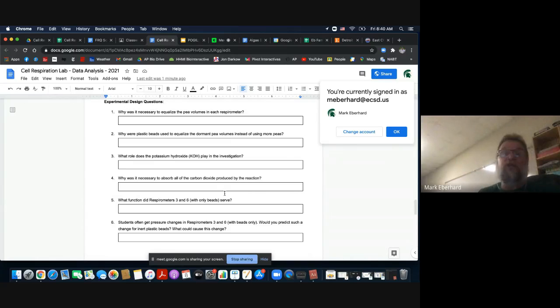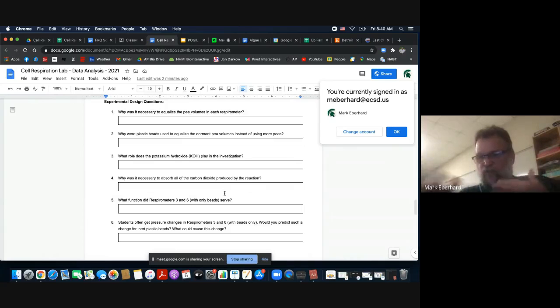So we should have seen in number 1, we want to equalize the volumes because we were basing this on the equation that pressure times volume equals number of molecules times temperature. And so in order to have a fair comparison, you have to have the same volume.